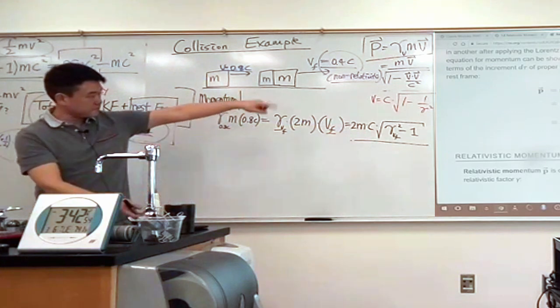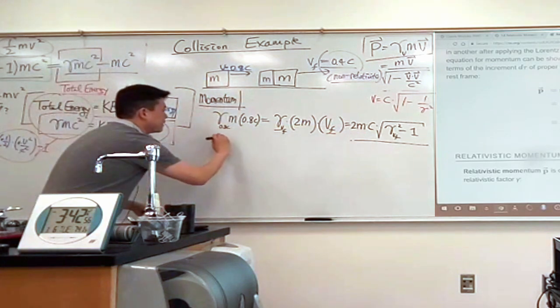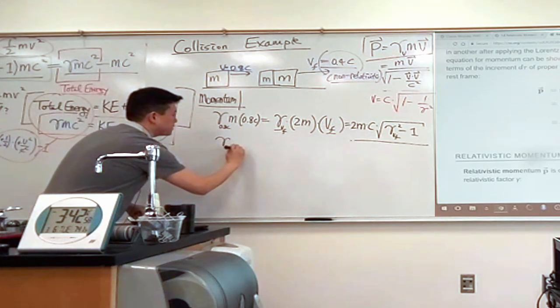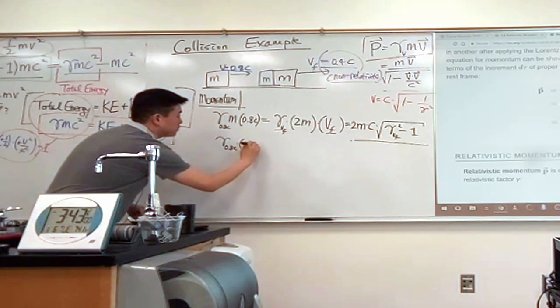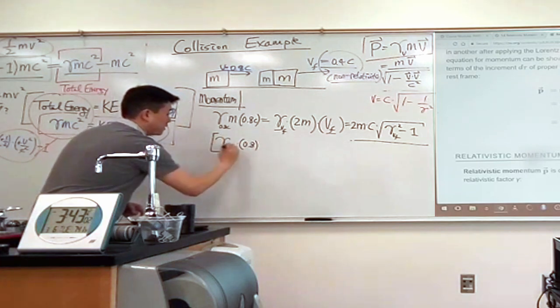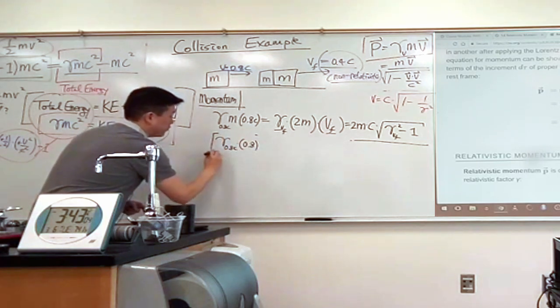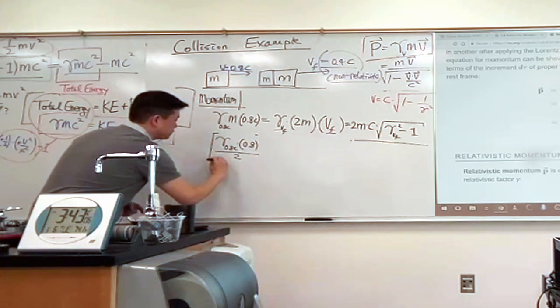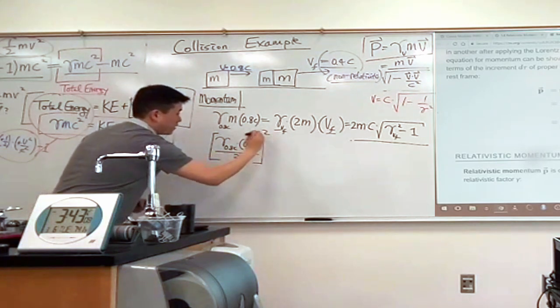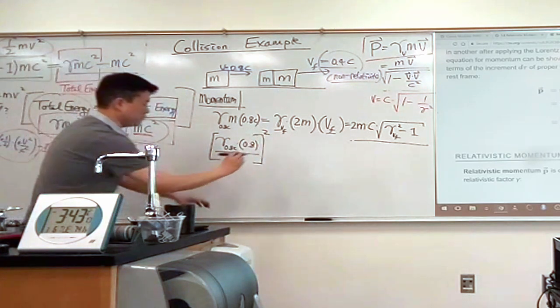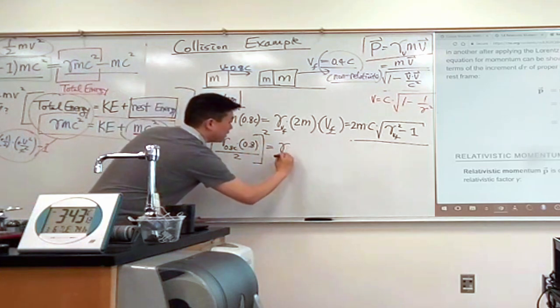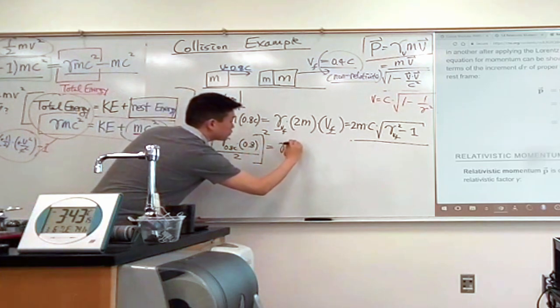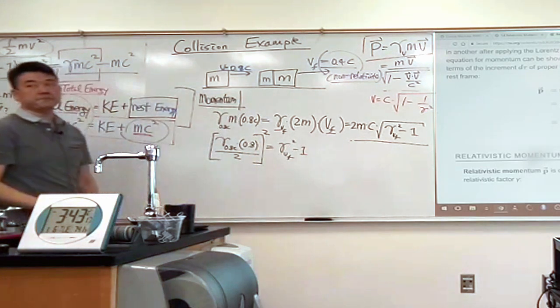So m's cancel out, c's cancel out, so I get gamma 0.8c times 0.8, the whole thing, divided by 2, squared, is equal to gamma v final squared minus 1.